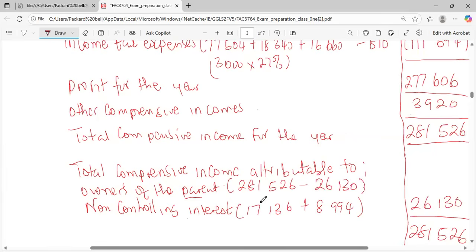So 281,526 minus 26,130 is what belongs to the owners of the parent.